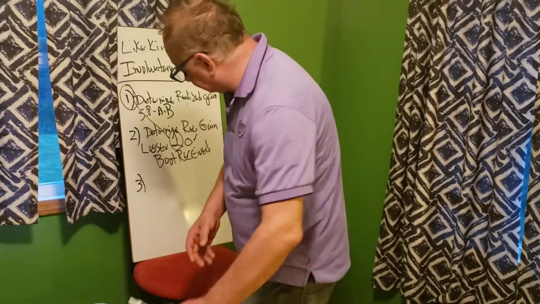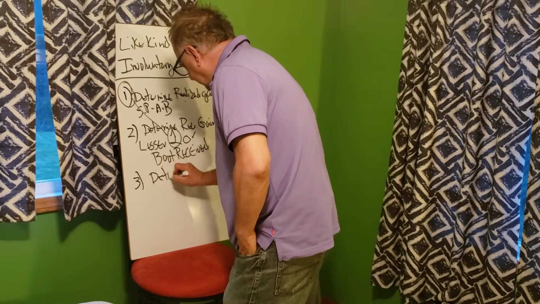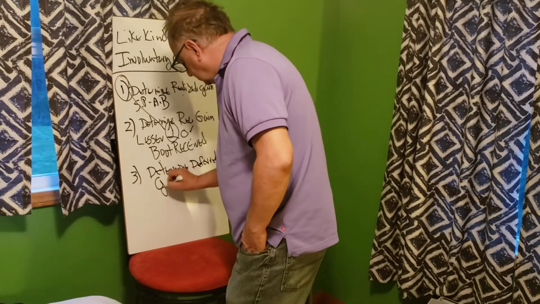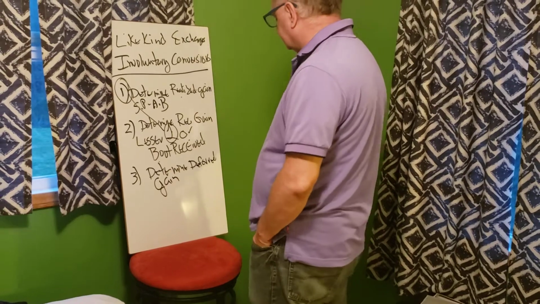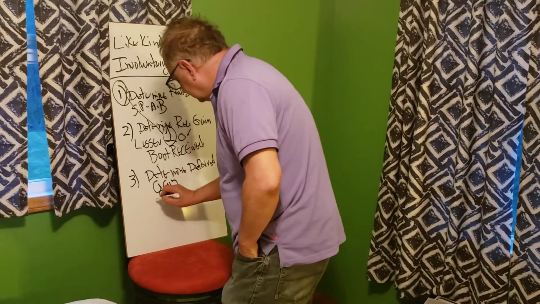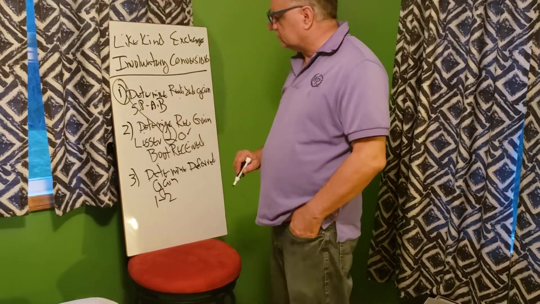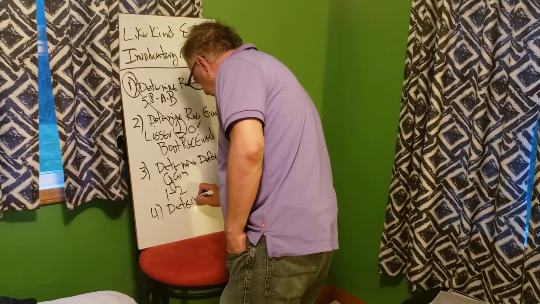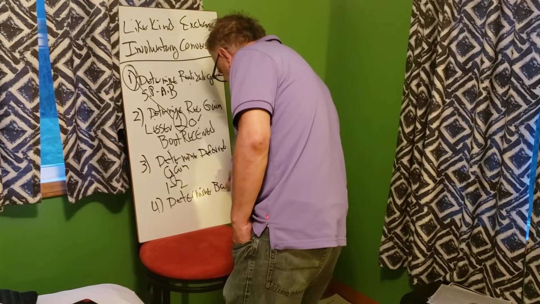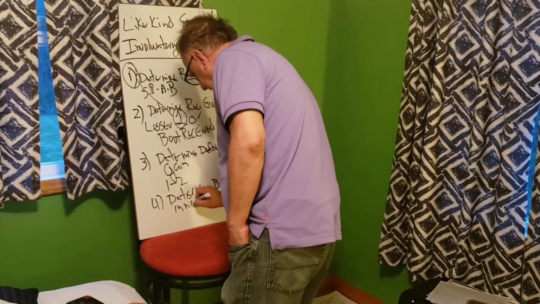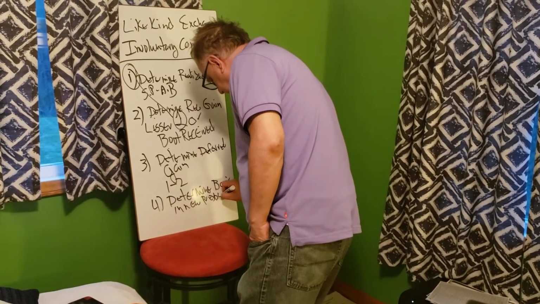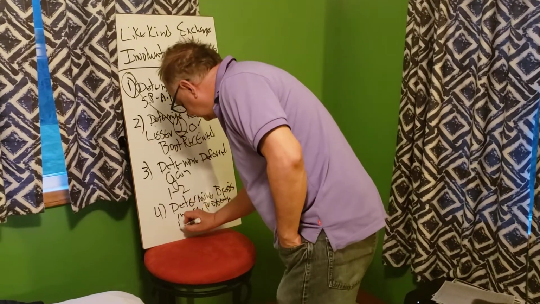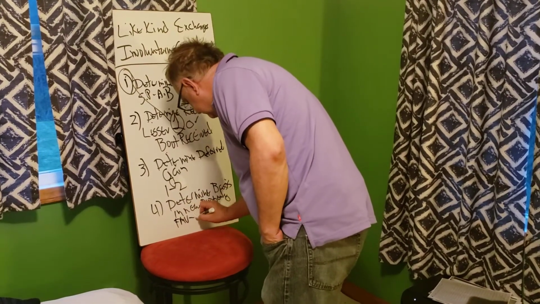Step number 3 is determine deferred gain, which is going to be 1 minus 2. 4 is determine basis in new property, which is going to be fair market value of new property minus 3.